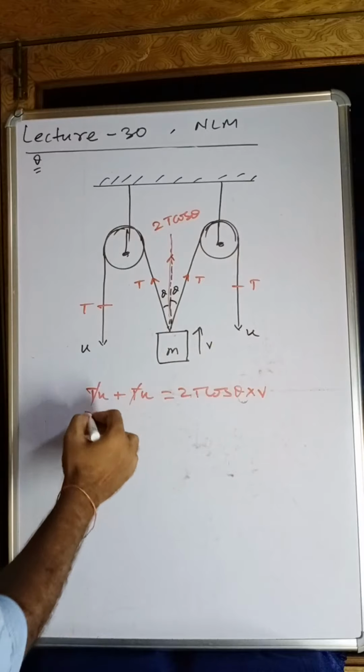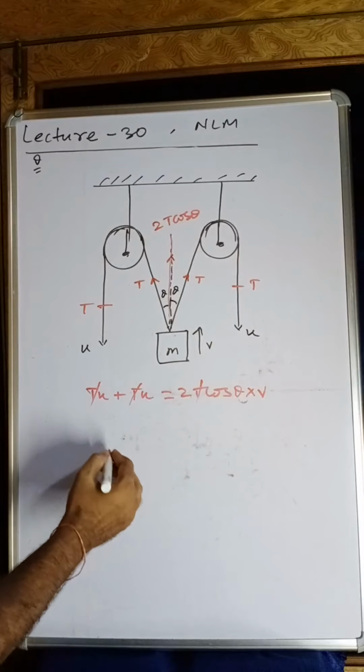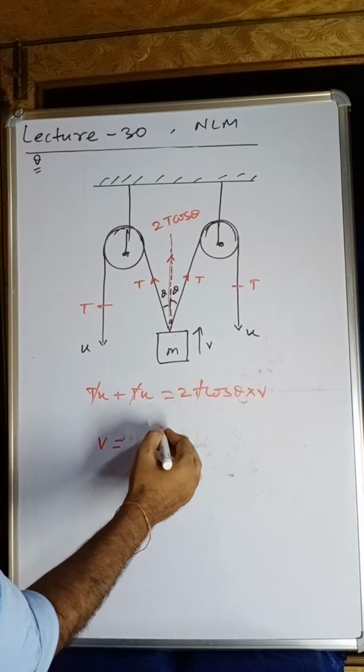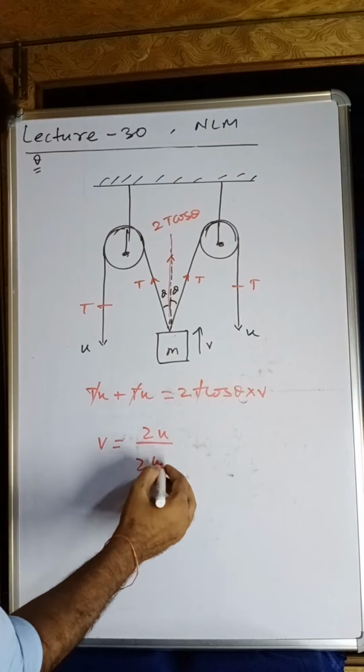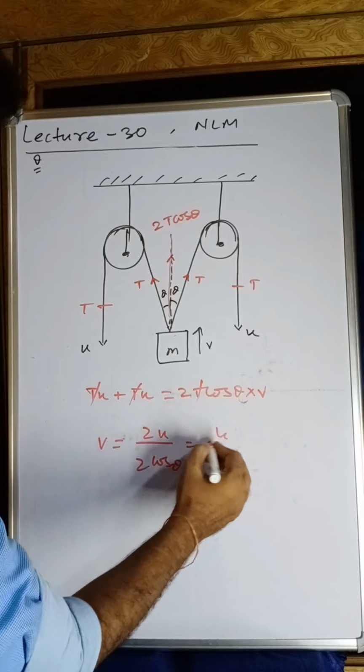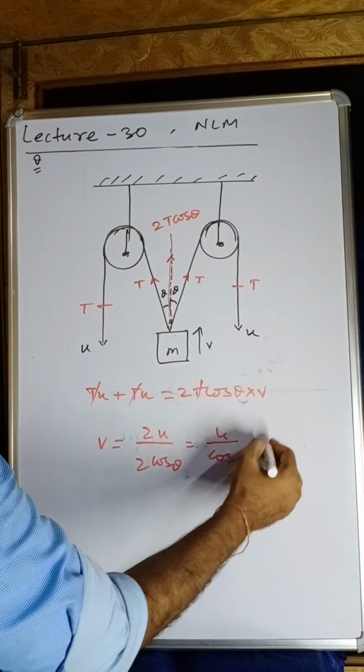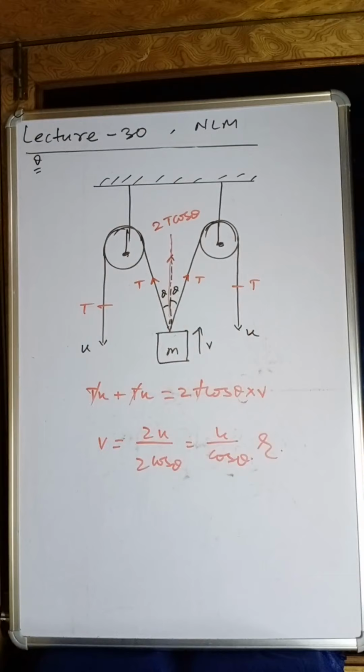T will be cancelled out, 2 will be cancelled out, so V equals 2U by 2 cos theta, which is U by cos theta. Answer.